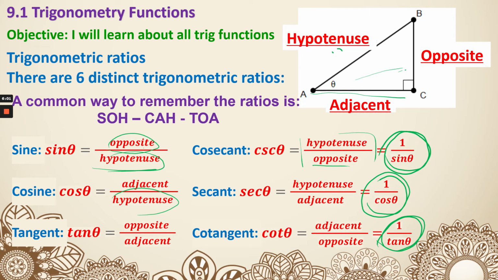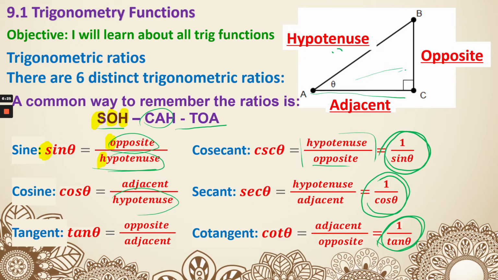We call that SOH CAH TOA. The SOH, if you have a look at it, just means sine is opposite over hypotenuse.